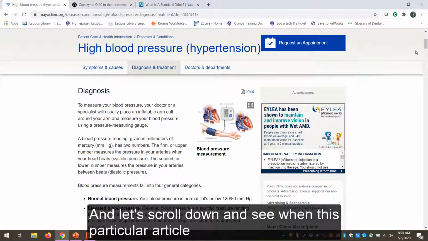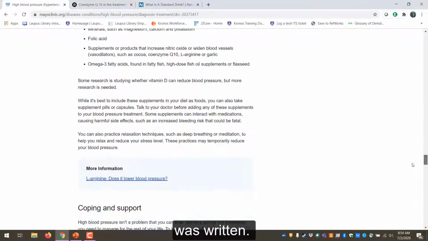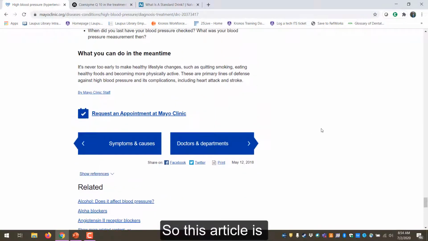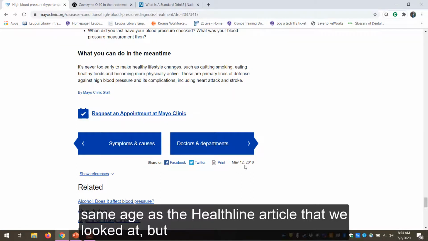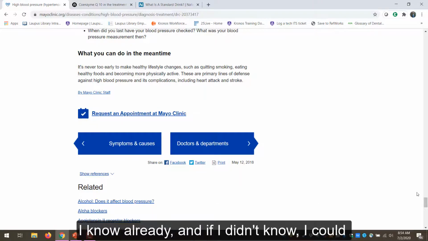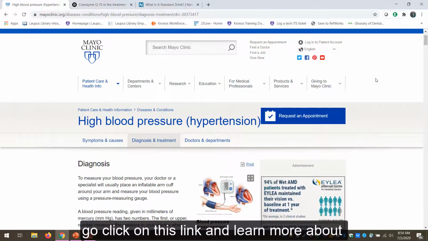And let's scroll down and see when this particular article was written. So this article is from May 12th, 2018. So it's a little bit older. It's about the same age as the Healthline article that we looked at, but probably the information hasn't changed much on blood pressure management.